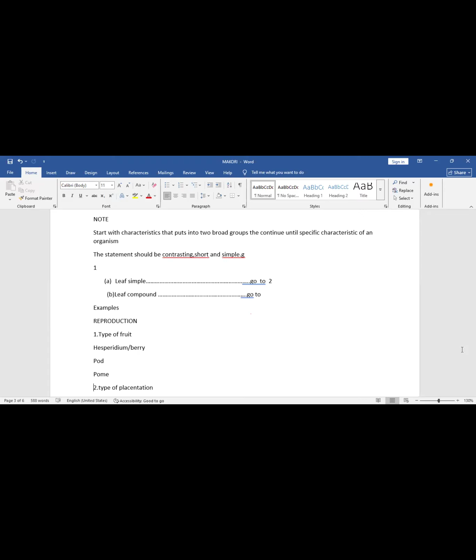Take note of this also whenever we are constructing the dichotomous key and you are given specimens which have been given letters. We do not know the actual names of those specimens.